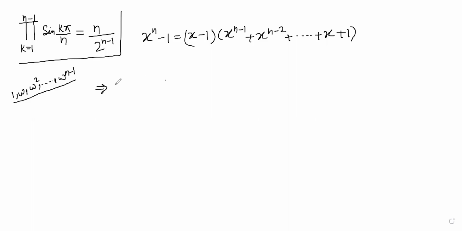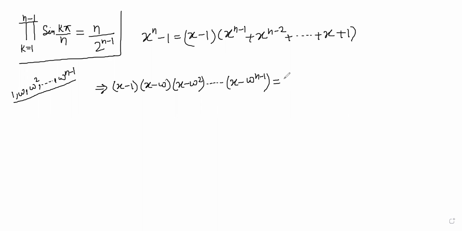So in that scenario, we can also write x to the power n minus 1 as x minus 1 into x minus omega into x minus omega square, dot, and into x minus omega to the power n minus 1. So these are the roots in factor form.